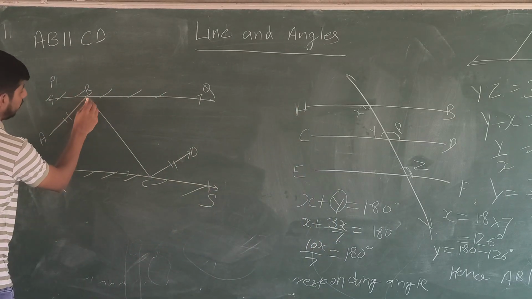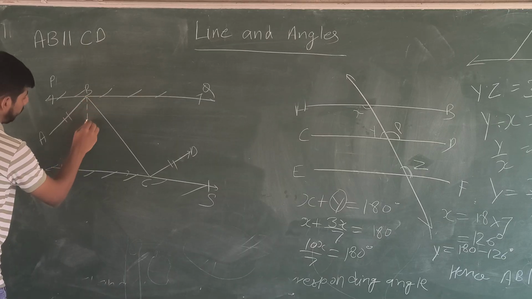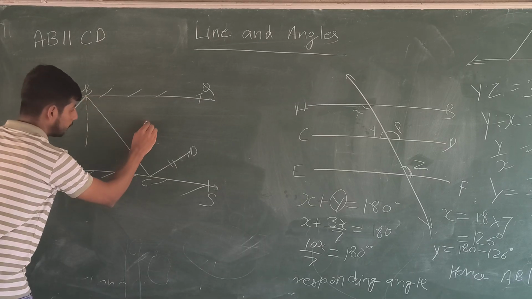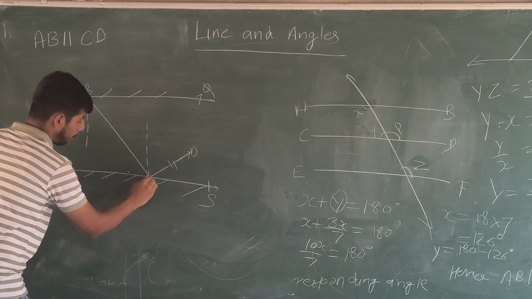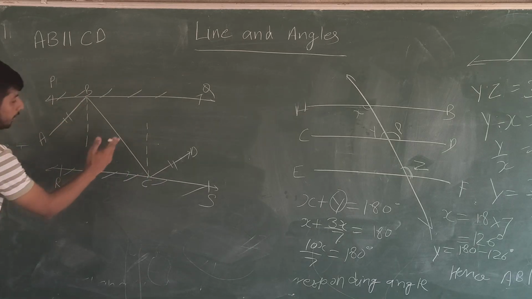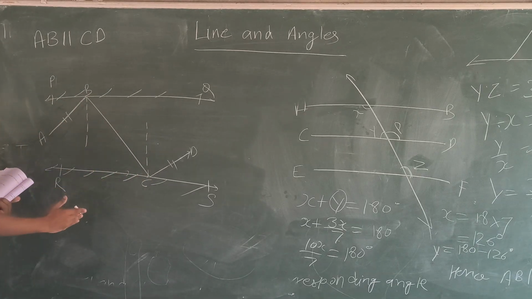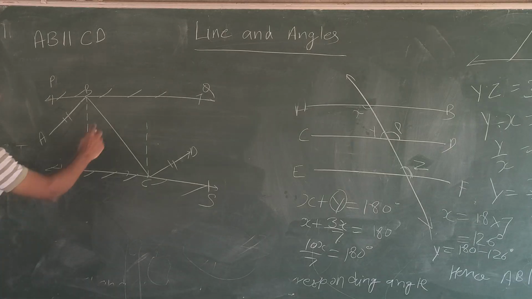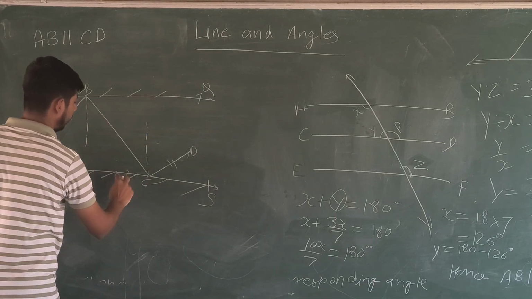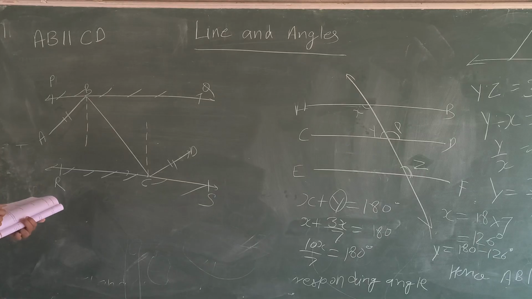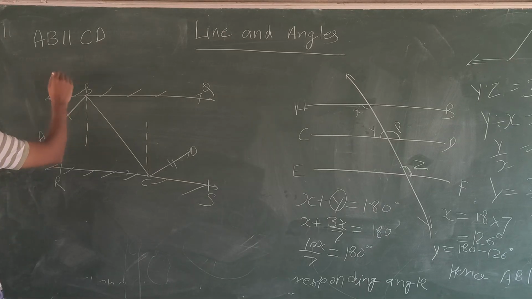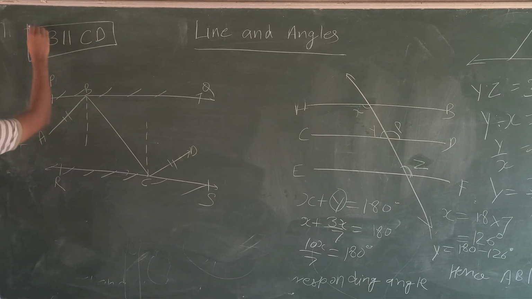So look at here. We are taking two perpendicular lines. So this and this line are already parallel. Here it is given, means this we have to prove.